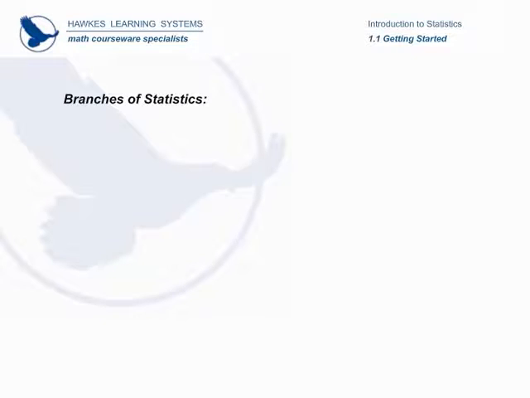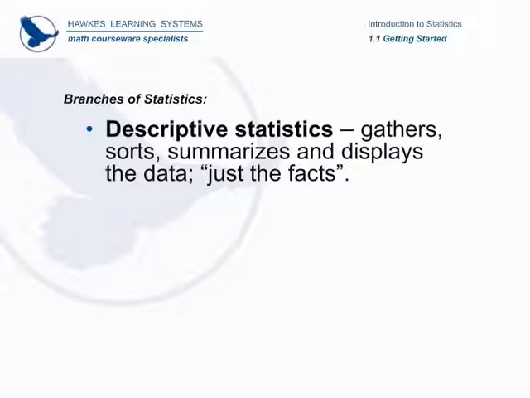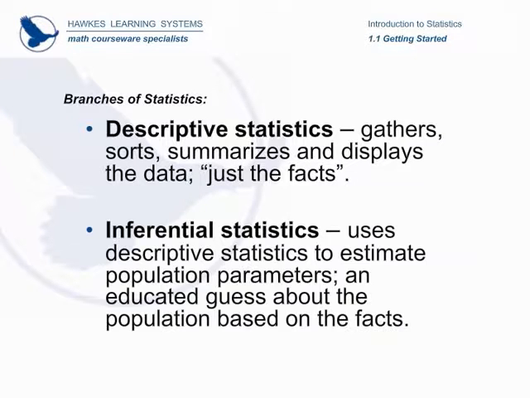Next, let's take a look at the branches of statistics. First, we have descriptive statistics, in which we gather, sort, summarize, and display the data, just the facts. Then we have inferential statistics, which uses descriptive statistics to estimate population parameters, an educated guess about the population based on the facts.